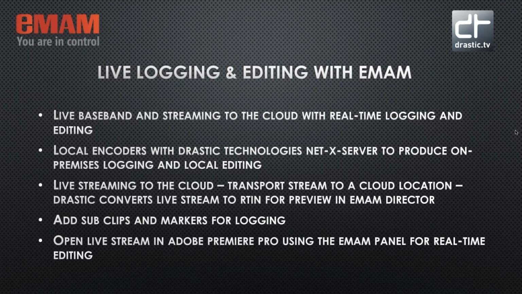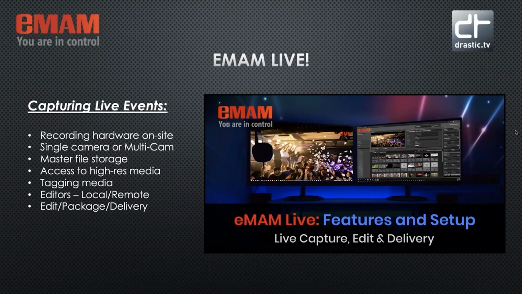So kind of how this looks with eMAM, you have an option. There's typically the eMAM system, work group, or enterprise that you have, and then you can add the option for live, eMAM Live. And then you also need, in this case, as we talked about, recording hardware. Those would be encoders, and we'll talk about some options there.